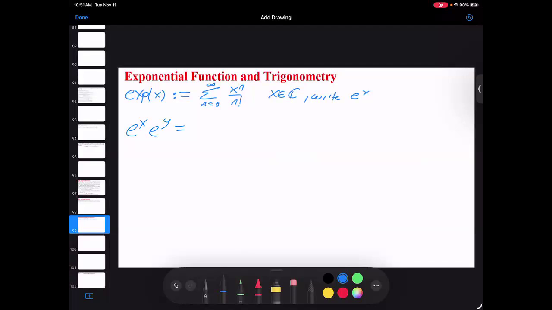Everybody agree that it's e to the x plus y? Why is e to the x times e to the y e to the x plus y? I saw you. Yes? Just is. All right, and you're moving both hands, so it's got to be true. When you go like this, that's only one hand. Come on.